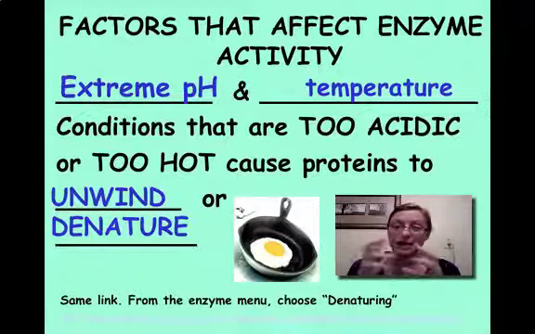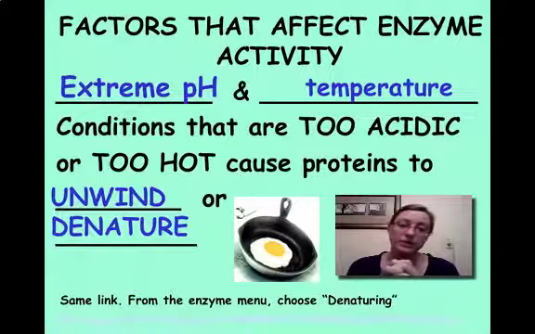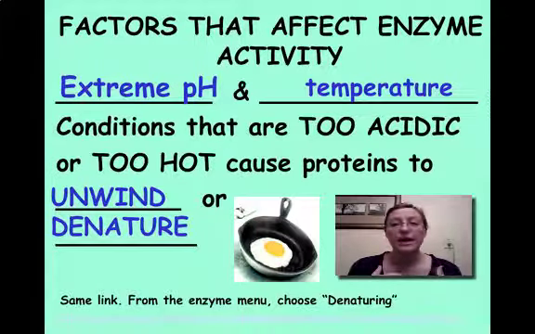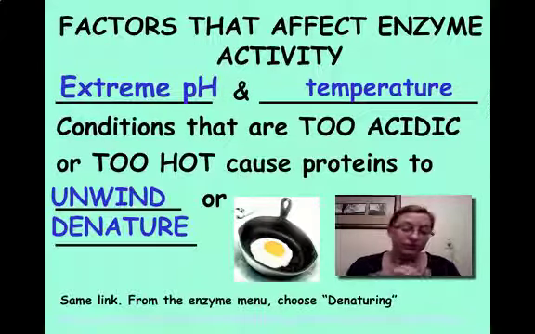Remember that active site? There was a specific shape that was needed so that the substrate could bind to it. If that shape comes undone, as temperature rises or as pH changes too much, that specific shape is going to break down, and we call that denaturing.